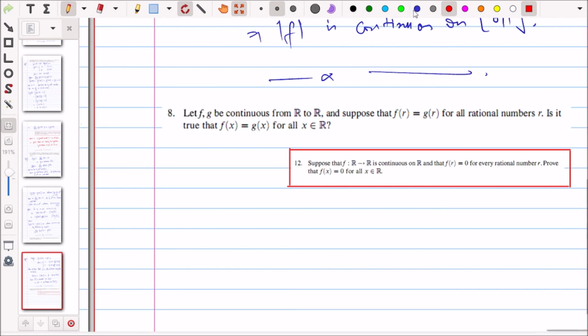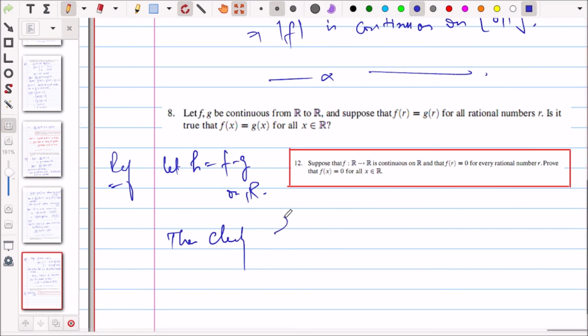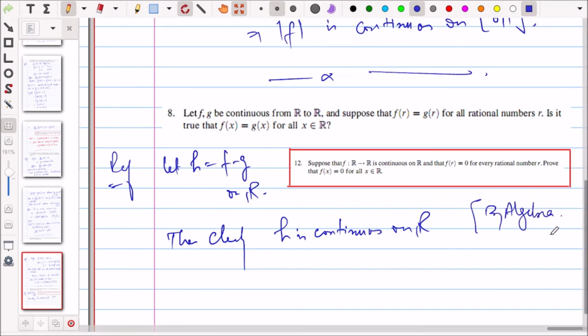So what we can do here is let h equal to f minus g on R. Then clearly h is continuous on R by algebra of continuous functions, because the difference of two continuous functions is continuous.